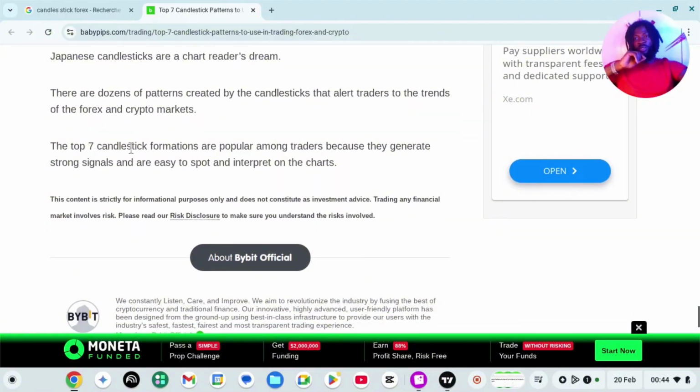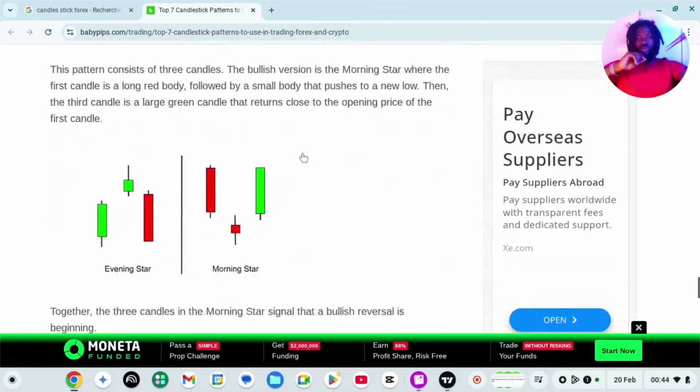The top 7 candlestick formations are popular amongst traders because they generate strong signals and are easy to spot and interpret on the charts. So now let's go to our charts and spot them.